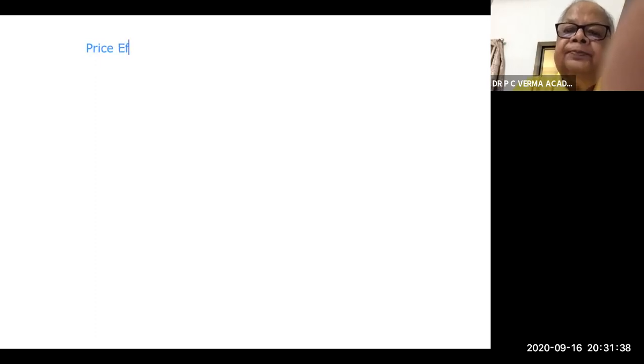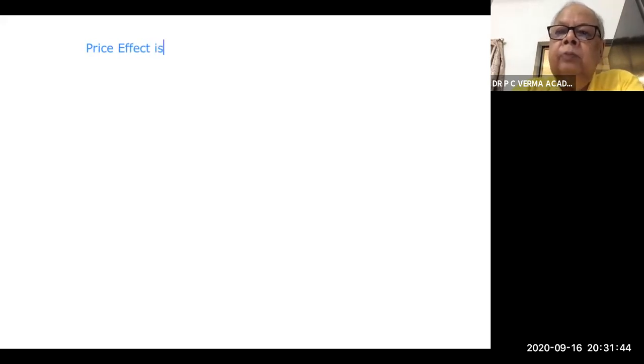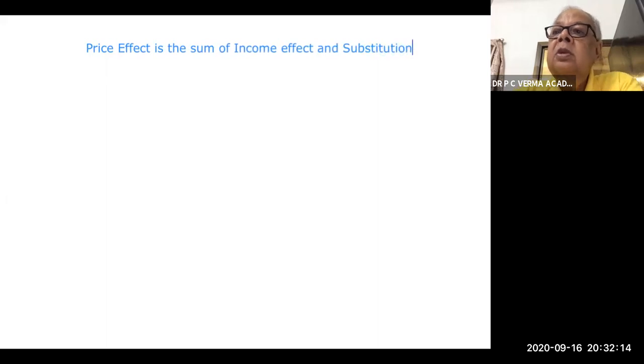Price effect is the sum of income effect and substitution effect.